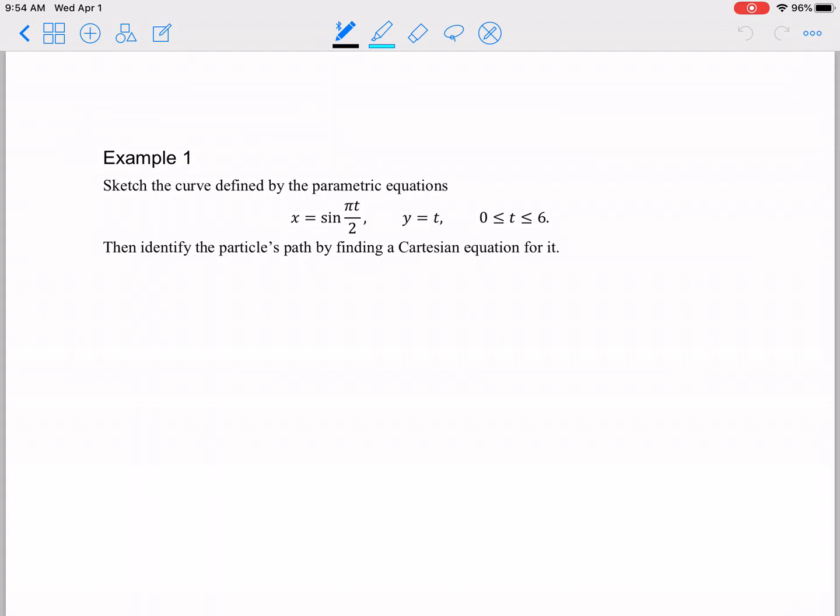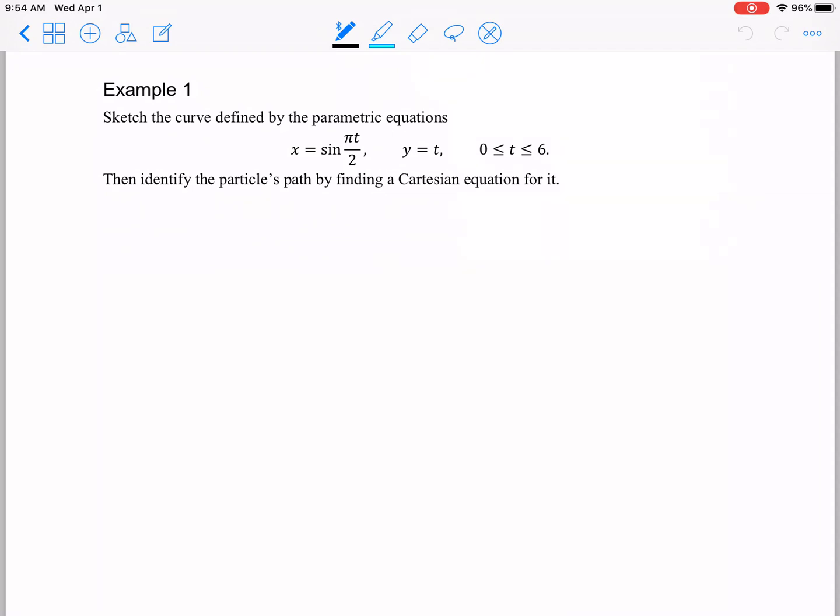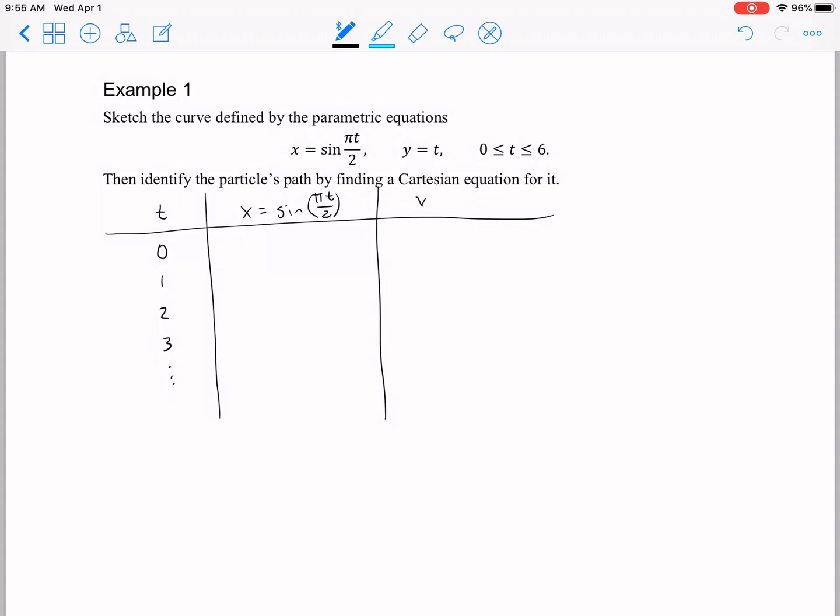So first, we need to figure out what the basic path is, and we can do this simply by doing a table where we can look at t equals 0, 1, 2, 3, so on and so forth, and we can say x is equal to the sine of pi t over 2, and then y is going to just equal t.